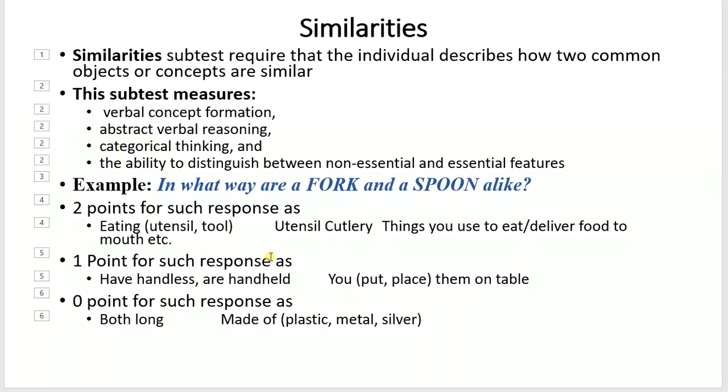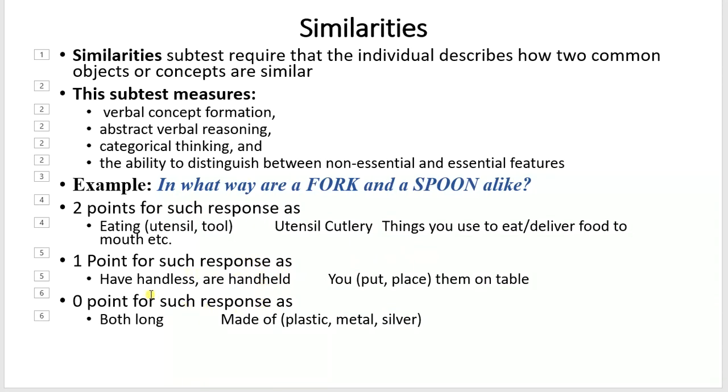This is one example from WAIS-4. In what ways are a fork and a spoon alike? If someone says it is an eating utensil or eating tool, it will be considered a correct response and 2 points will be given. Utensil, cutlery, again 2 points. Things you use to eat, deliver food to mouth, such responses will get 2 points.